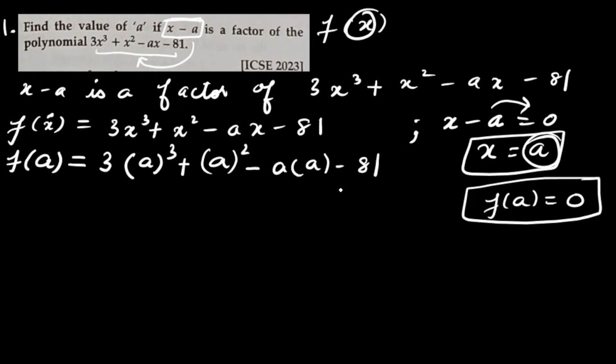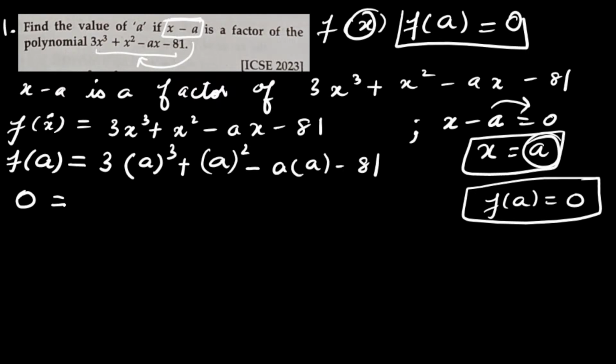I have just substituted the value of x as a. Now we know whenever it's a factor, f of a is equal to 0, so I'm just writing 0 because it's a factor. This is nothing but the remainder on dividing.